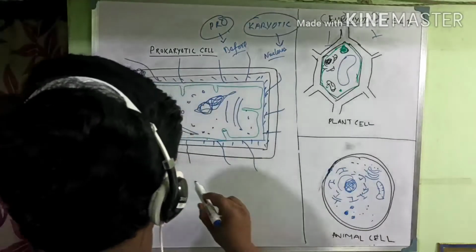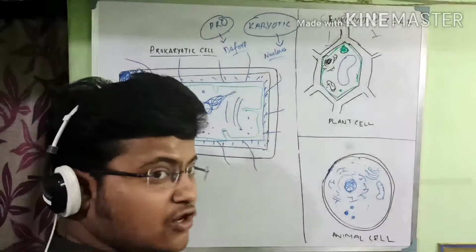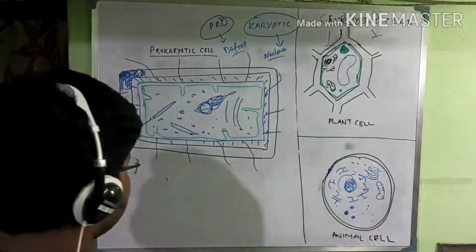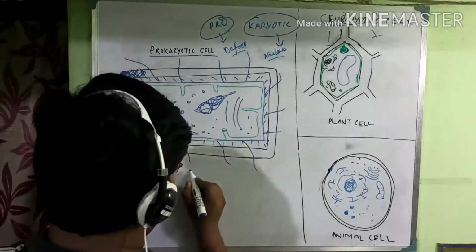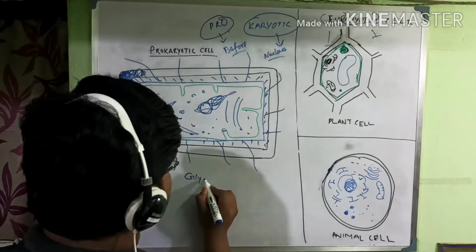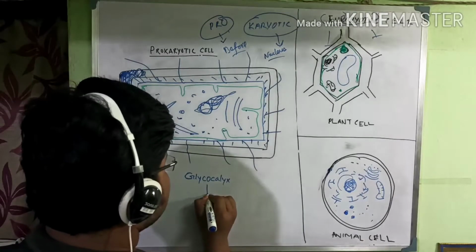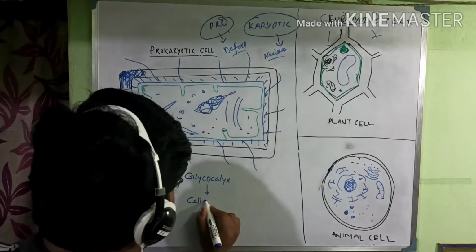That is, they have a cell wall, a cell envelope, and a cytoplasmic membrane. So they have an extra covering, that is the glycocalyx. Thereafter, the cell wall.